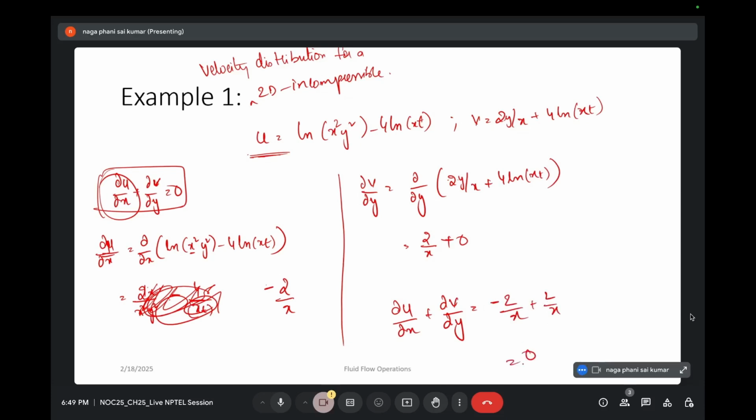This is 0. So that means the equation of continuity is satisfied. Okay, it follows the equation of continuity. Earlier, this differentiation was wrong. So now we will be getting minus 2 by x if you differentiate that.